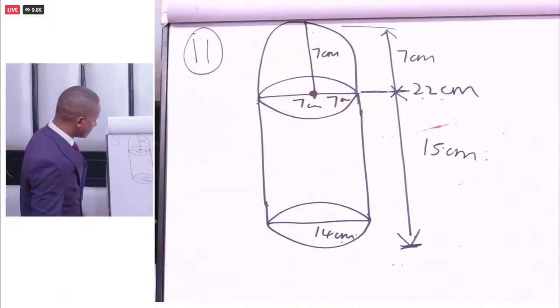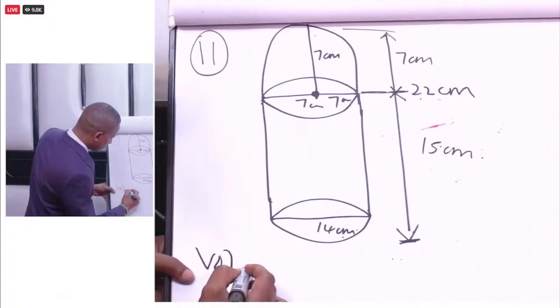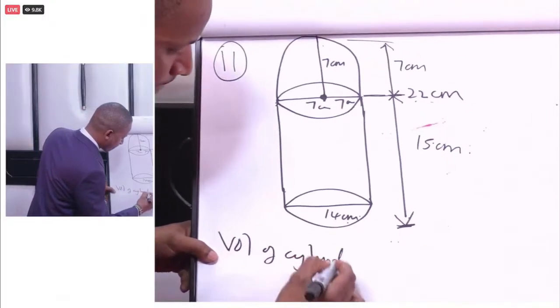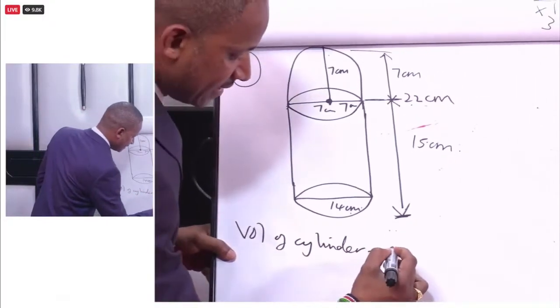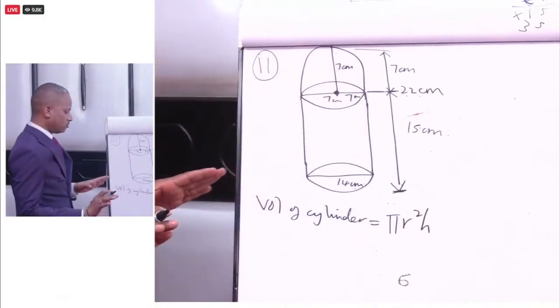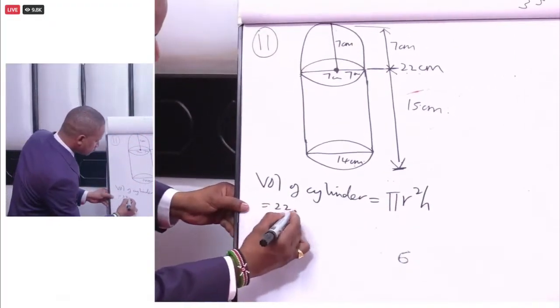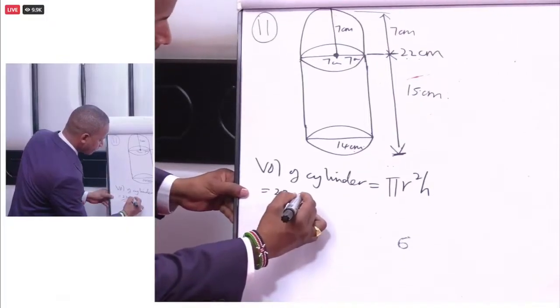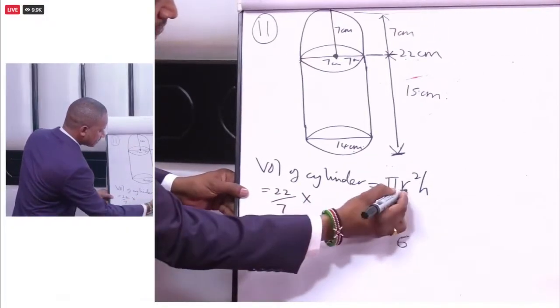Now, the volume of a cylinder is given by pi r squared h, normal. This comes to 22 over 7, which is pi, times radius.